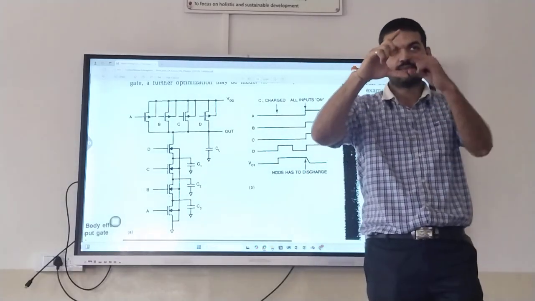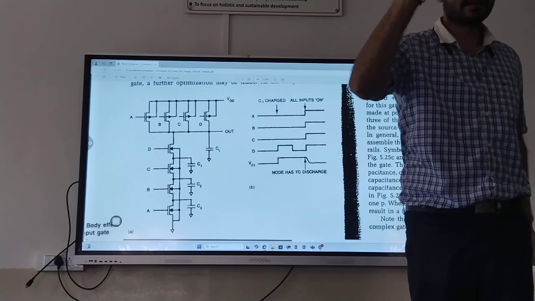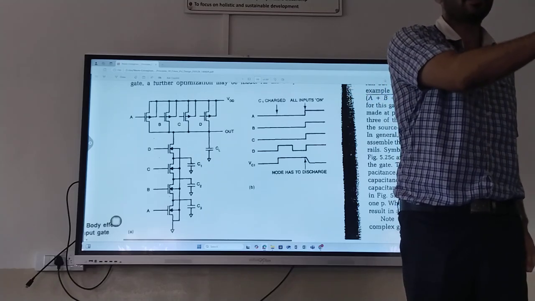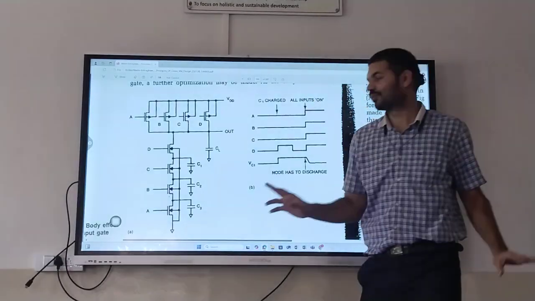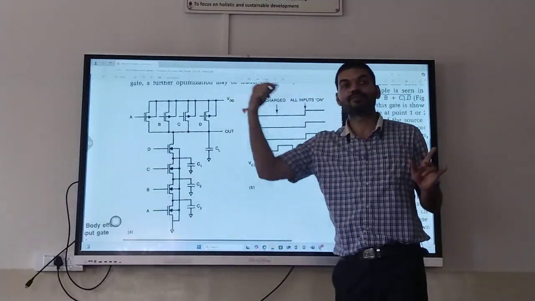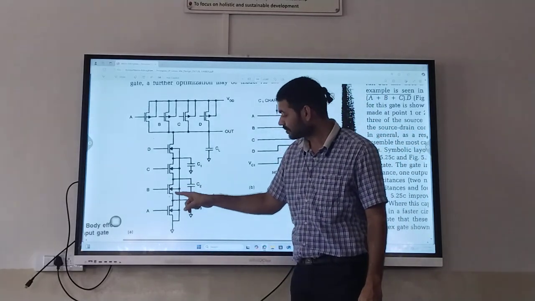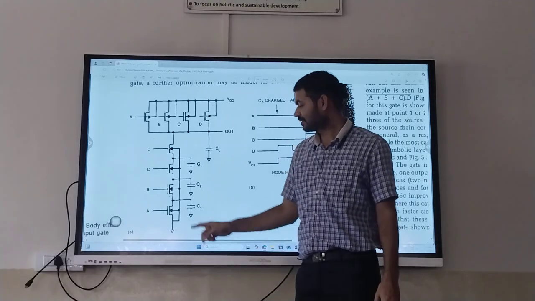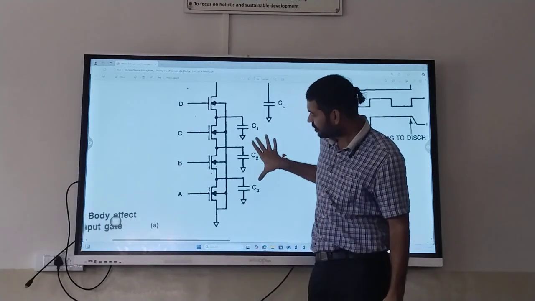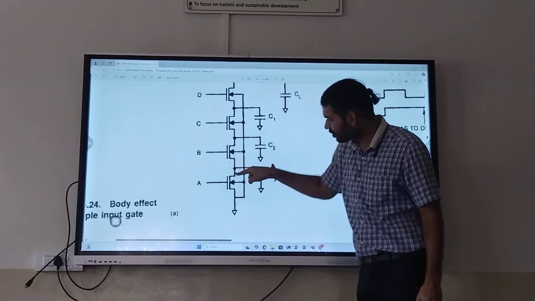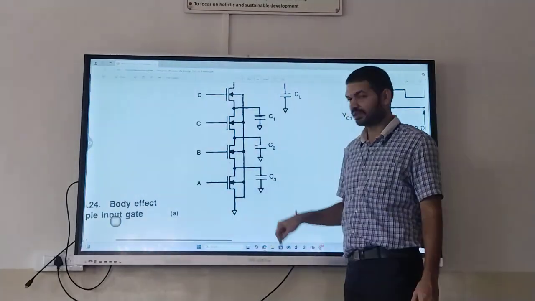In that MOSFET, the body and source are shorted. There I don't see body effect, because the voltage at the body and the voltage at the source are the same. Both voltages are the same. But check the next MOSFET. The next MOSFET's source is here, below, but go and see where its body is shorted. This source is shorted to the drain of this, but the body is shorted to ground.